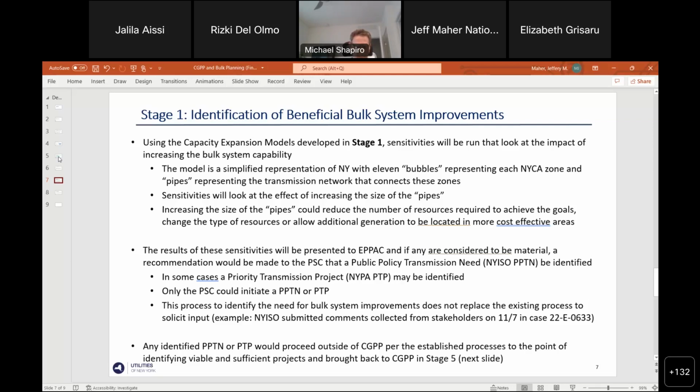That's just to confirm that the projects do meet the minimum criteria established by the Public Service Commission. So that's the first major step for the NISO process, as I think of it: they identify these projects are viable and sufficient. So the goal would be the NISO completes that viability and sufficiency review, and the information out of that review will come back to CGPP in stage 5, which is the next slide we'll talk through.